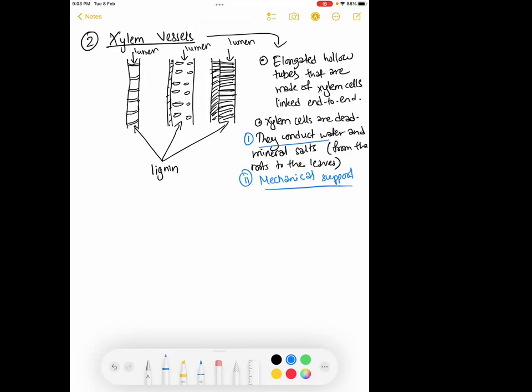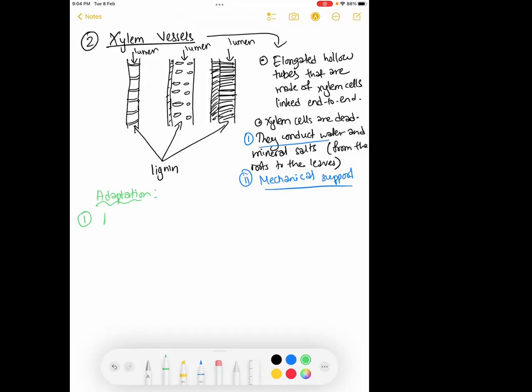So what are the adaptations of these xylem vessels? Number one adaptation is that I'm just going to write it in maybe green. They do not have protoplasm and cross walls. I'll tell you in a minute what these are.